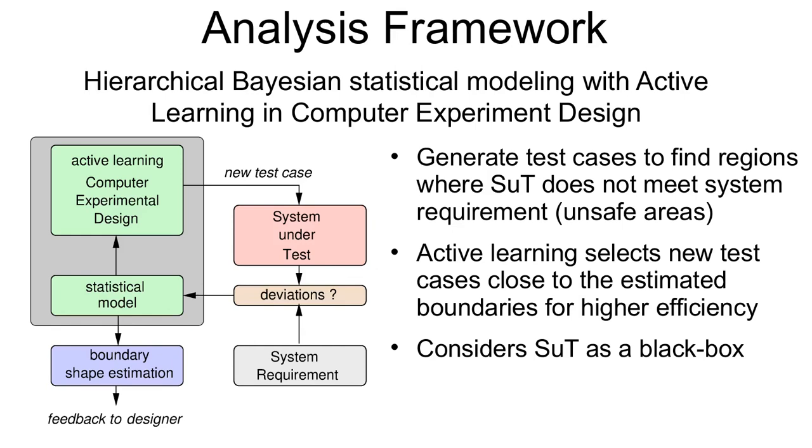Why are we using active learning? Active learning selects new test cases that are close to the estimated boundaries for higher efficiency. That way we can determine boundaries with a lower number of test cases. One specific feature of our framework is we can consider the system under test as a black box.